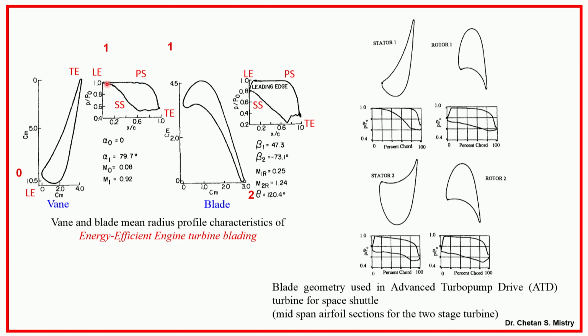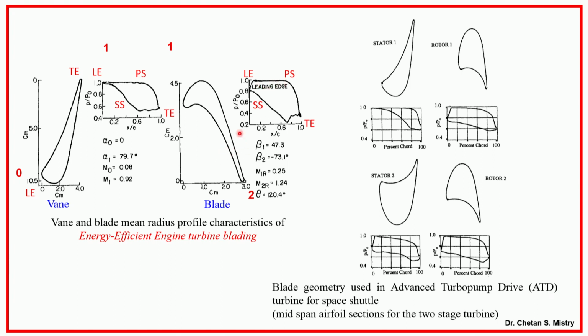Now, you can understand how nicely they are managing their flow near the leading edge. Okay. Similarly, here this is the rotor blade. In the rotor blade, I will have acceleration of flow in that region, and then after it remains almost constant.